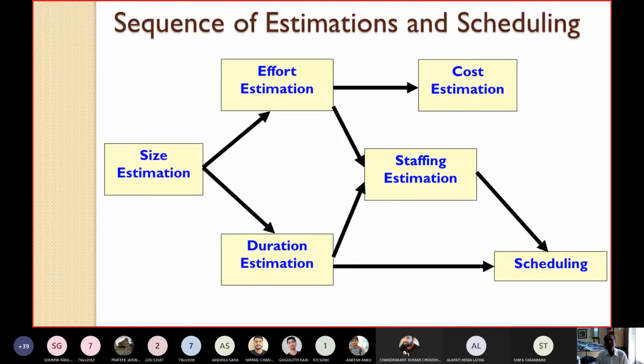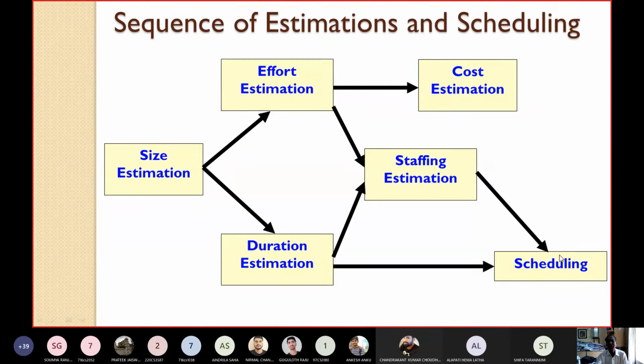This can be represented in a figure like this. As I have already told you, first estimate the size. Here you will see the different size estimation techniques such as LOC and function points, etc. Then from size you can estimate the effort as well as the duration. From effort you can compute the cost. Then from effort and duration you can estimate the staff level required. Then from duration and from the staffing you can prepare the scheduling.